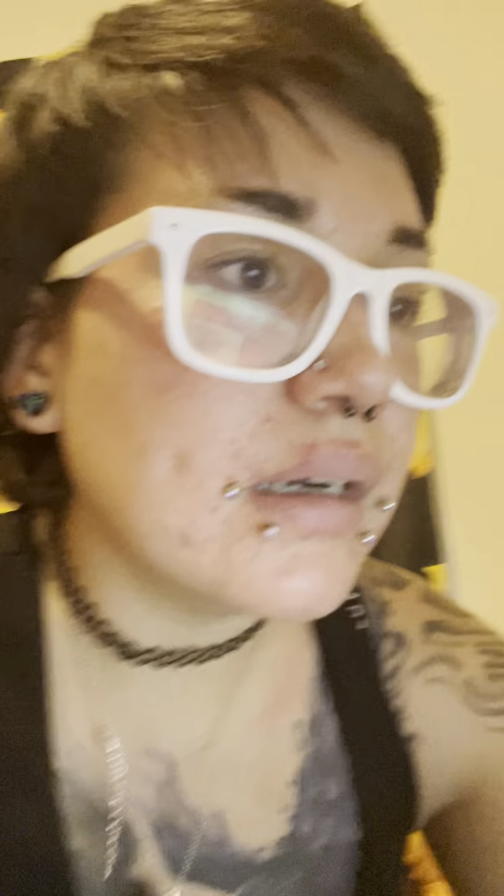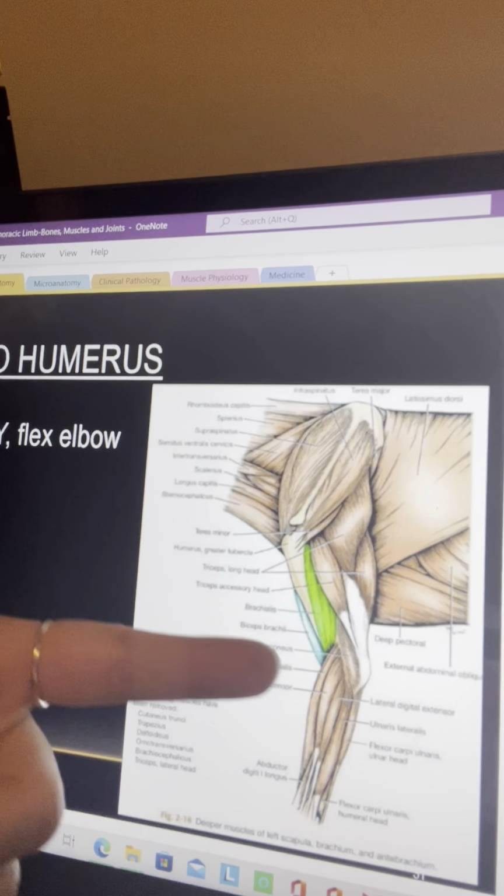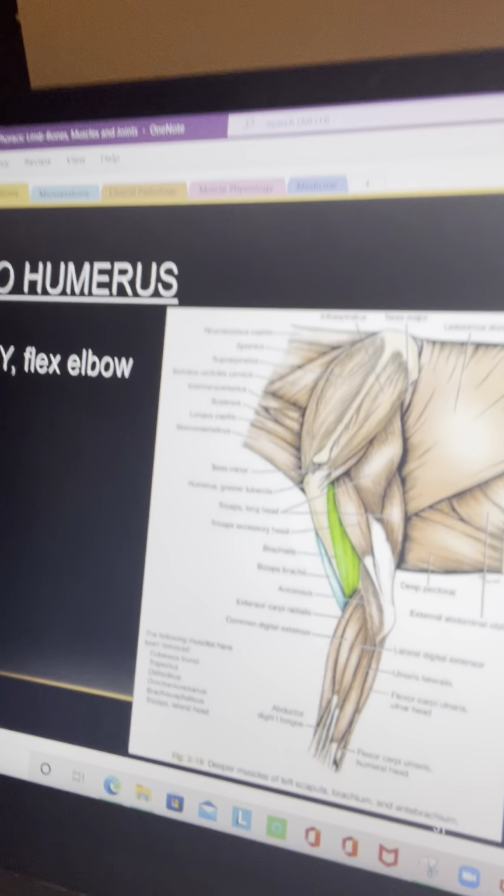And then cranial to the humerus. These generally flex the elbow. And here we have, in green, the brachialis, but then we have the biceps brachii. The brachioradialis, in dogs, is inconstant, and it's a thin slip of muscle often adhered to the skin.